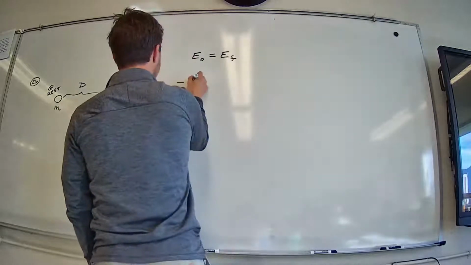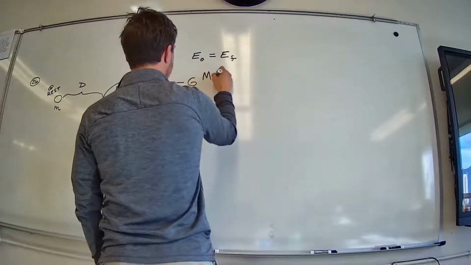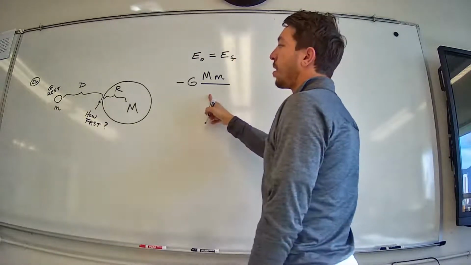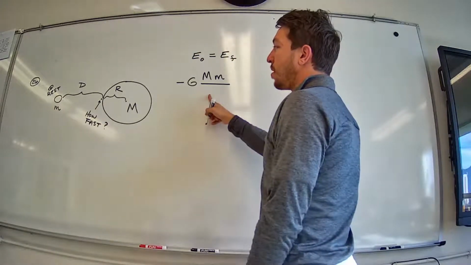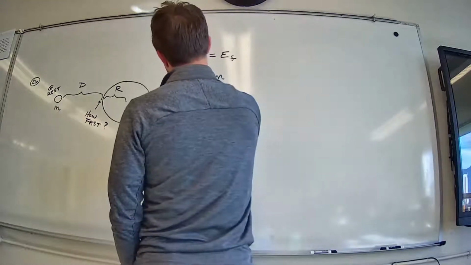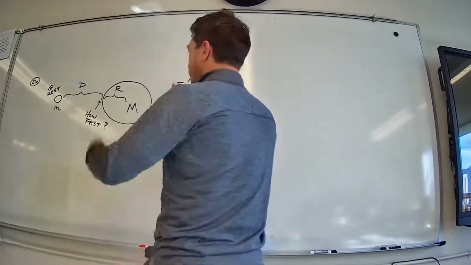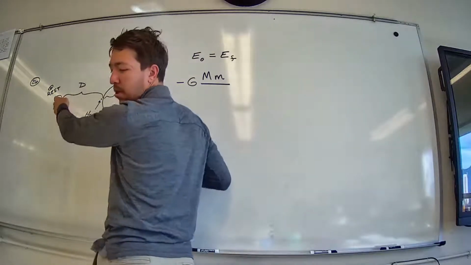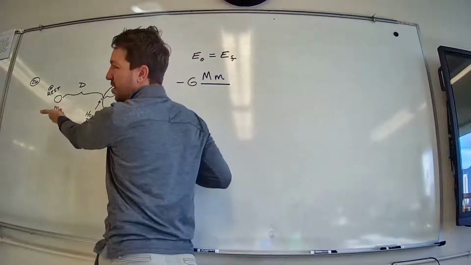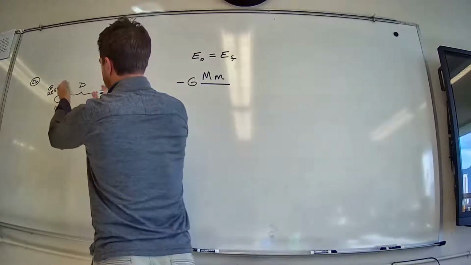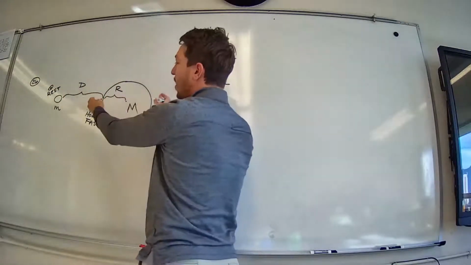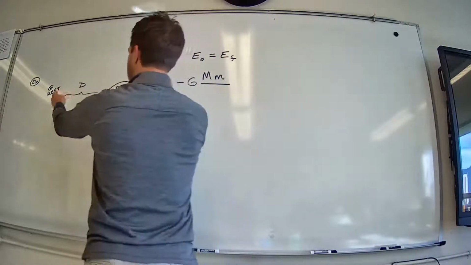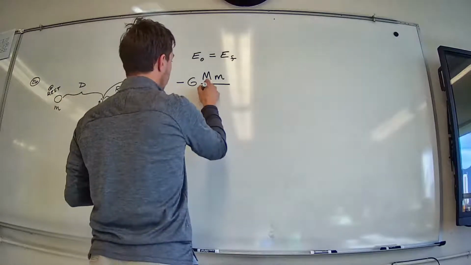So that would be negative G times big M times little m over what's going to be down there? Close with the second one. It's the distance between their centers of mass. Now we're assuming this guy is small. He's just a rock compared to a planet. So you'd say, okay, the total distance. Now, whereas a planet, its radius should be big enough that we have to consider this distance. So the distance between their centers of mass would be d plus r.